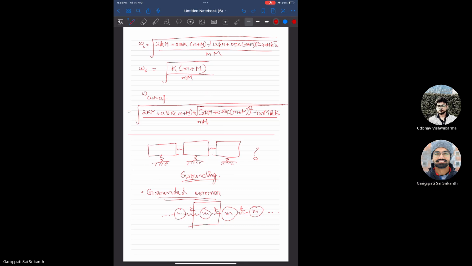But we have some sort of connection like this. Let's consider this as a rigid rod, connected to the ground. This is Kg, grounding stiffness.